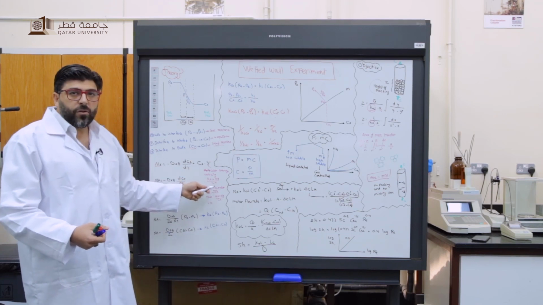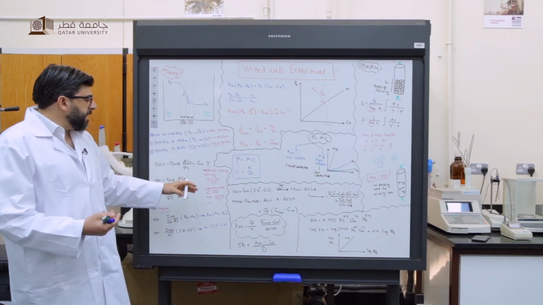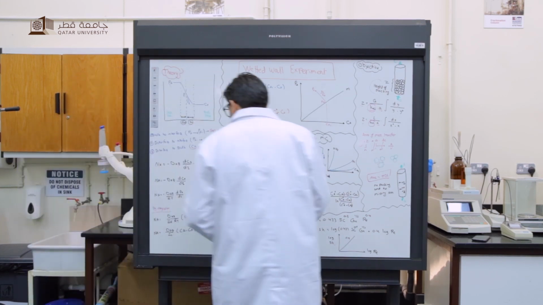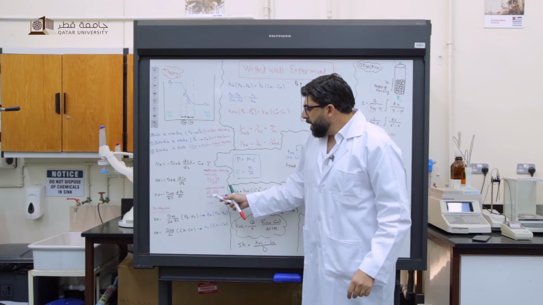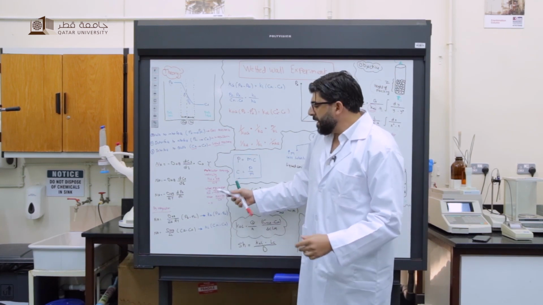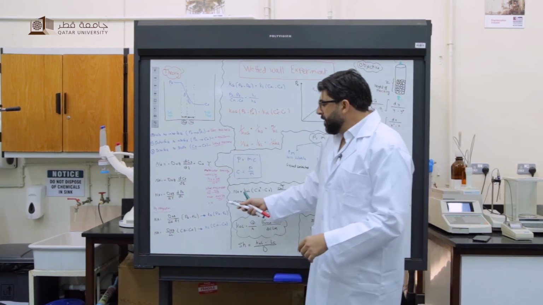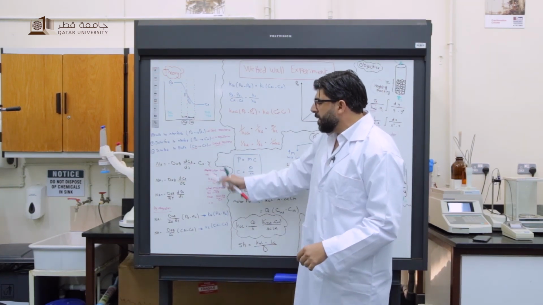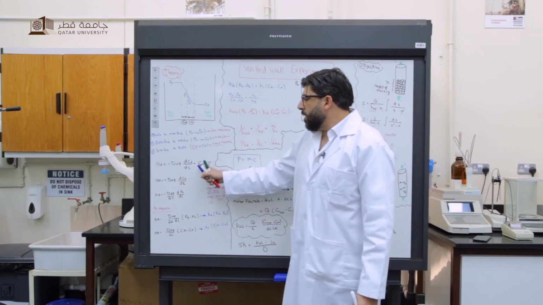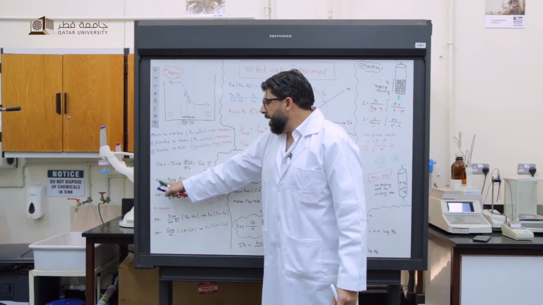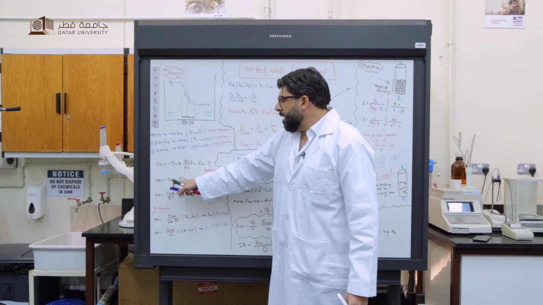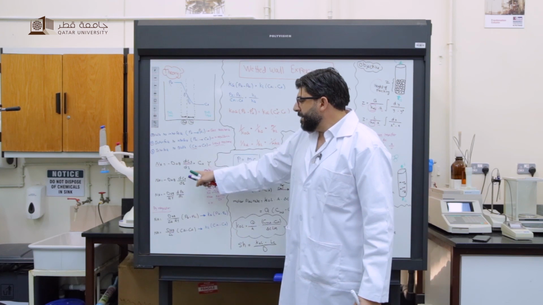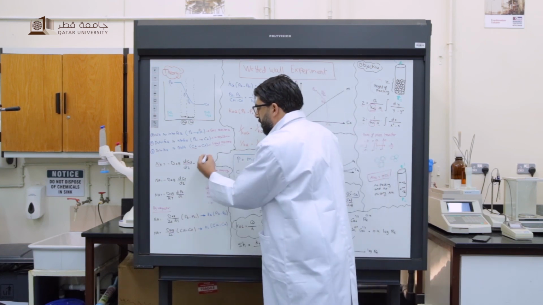If the system is equimolar, that means N_A equals minus N_B, so both are in opposite directions, then N_A plus N_B will be 0, so this part will be 0. The equation simplifies to N_A equals minus D_AB times dC_A over dz.